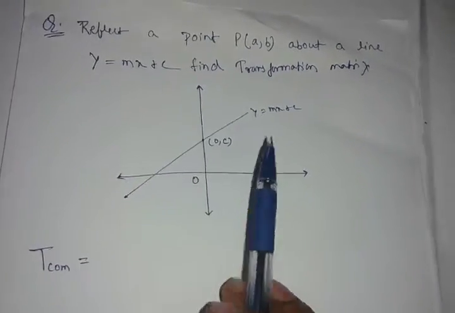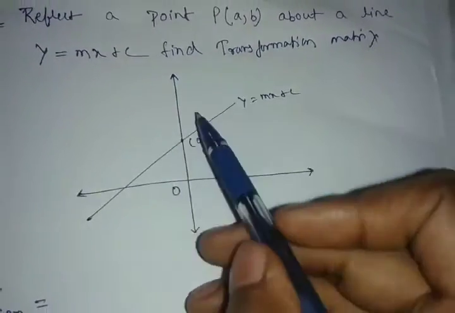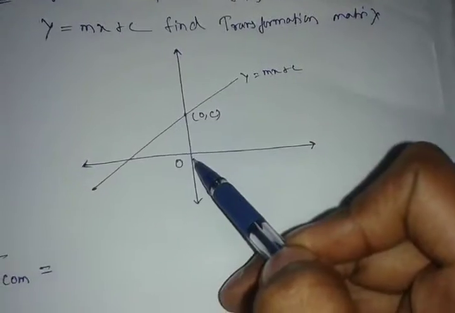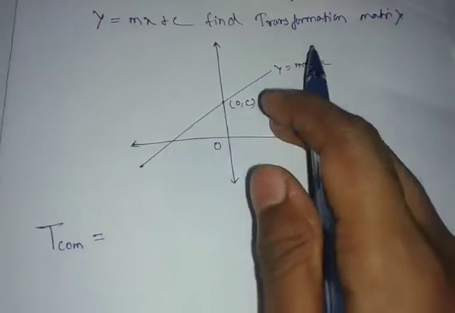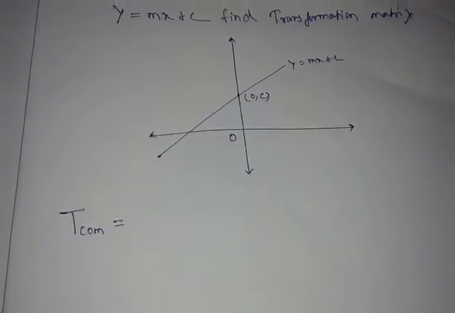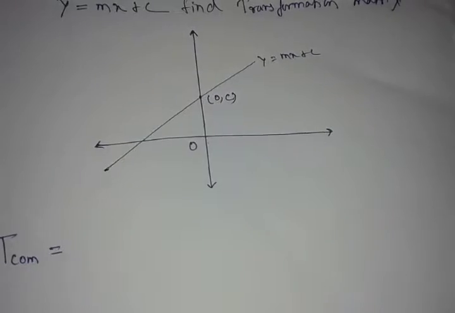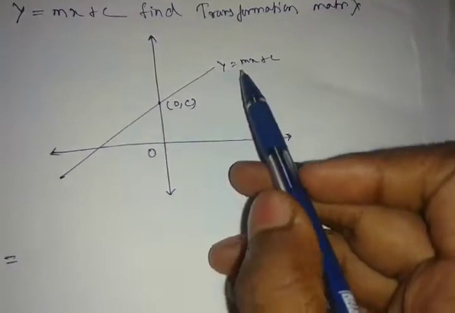So what you do? First, you know the formula of reflection about the x-axis or y-axis or origin. But you don't know the formula about this line. So what you need to do? You have to perform it in steps. Okay. So I'm just quickly giving you a view of how we can do that. Then after, I can write. Fine. So what you need to do?